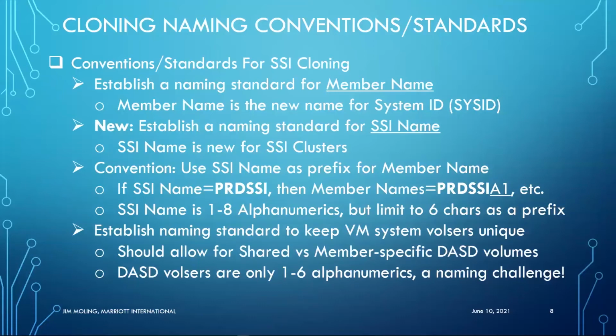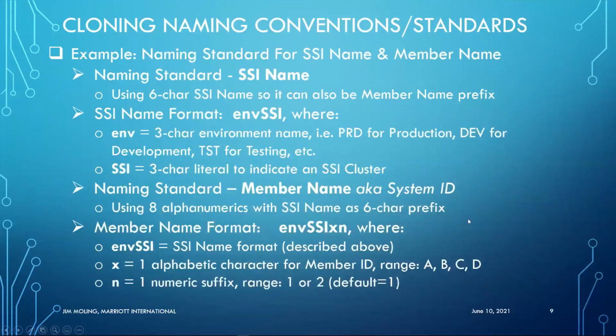I'm going to go through an example naming convention that, hopefully, addresses all the needs. So here we go, getting a little more specific on the SSI name and member name.